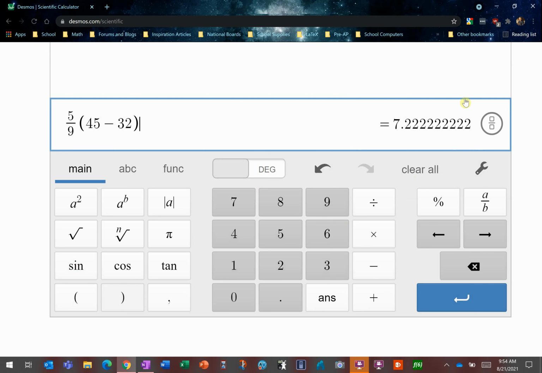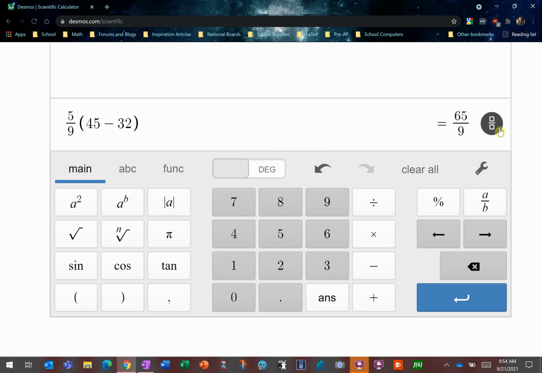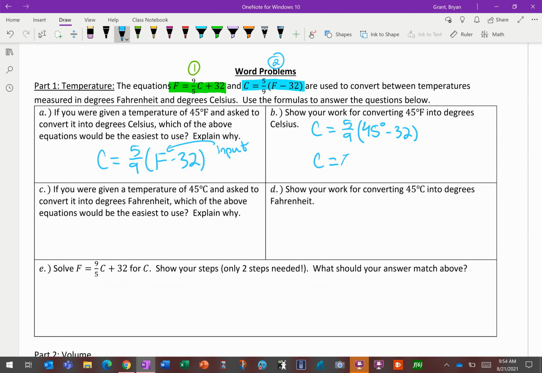And then you can close your parentheses and see your answer. 7.22222, or if you want it as a fraction, 65/9. But I think we're used to seeing temperatures like this. So we have 7.222, or 2 repeating. It's a good habit to get into to always go 3 numbers past the decimal place.